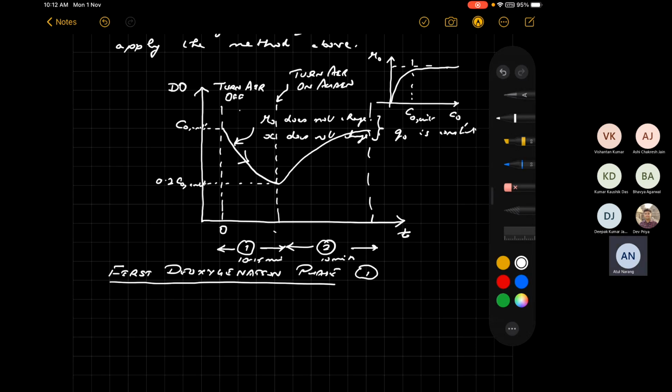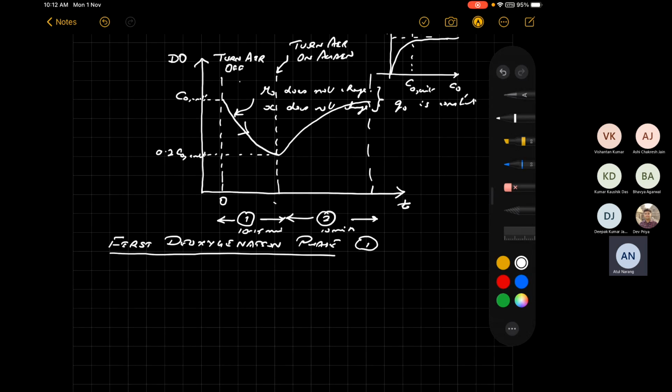Okay? So since RO and X do not change during this period, you have dCO dt equal to KLA times (CO star minus CO) minus RO times X, which is QO, but this is equal to a constant, right?